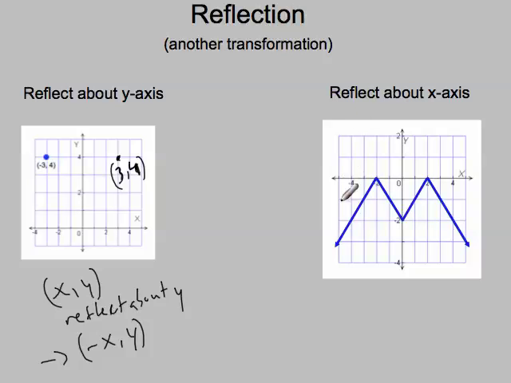Now, I could do the same thing with reflections as I did with translations or shifts. If I want to reflect this entire graph, I would find some key critical points. We could find them here. This is -4, -2. This time I want to reflect about the x-axis though. So when I reflect about the x-axis, I want to jump to the other side of the x-axis.